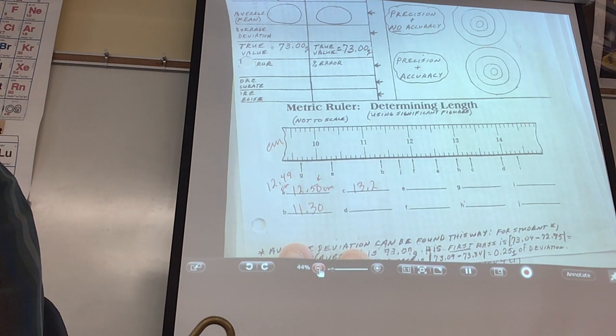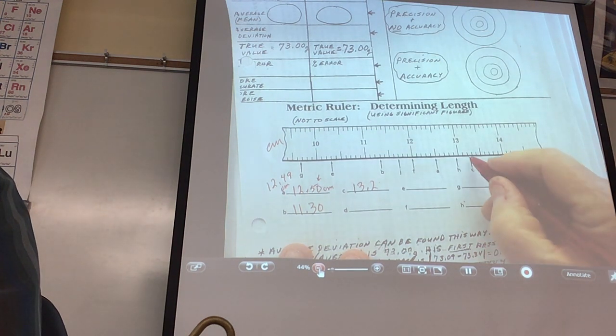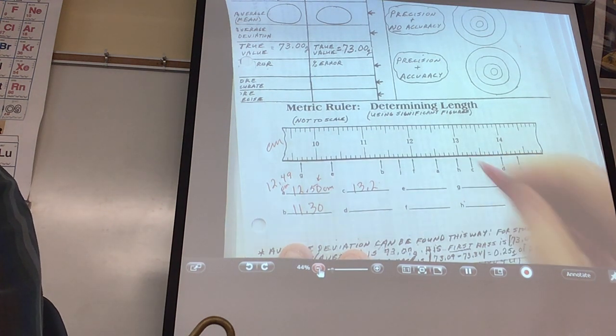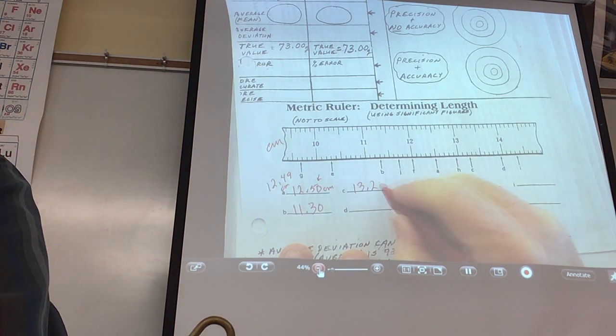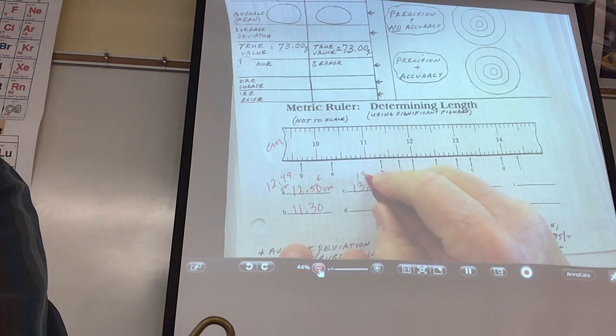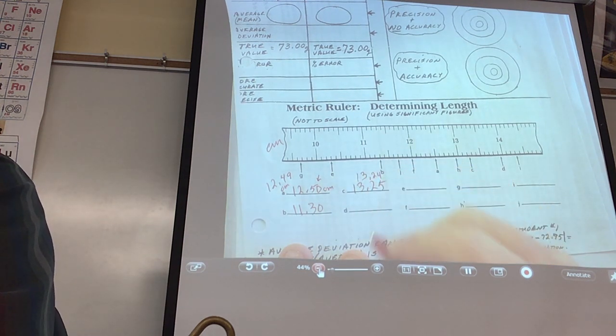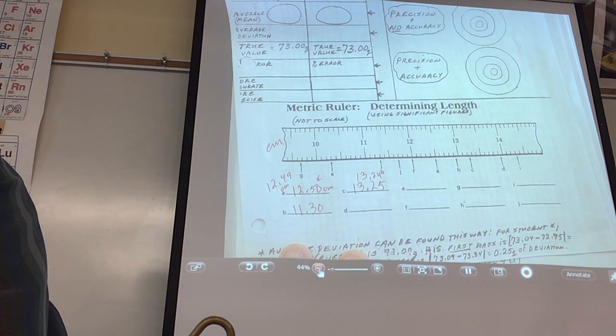So I don't think I'm going to say 13.21. That 13.21 would be really, really close to this line. So let me try that again. I don't think that's close enough for me. I don't think it's halfway. What do you think? 13.25. All right, so if you think it's halfway, I'm okay with that. Did anybody think it was 13.24? I like that one too. I would have taken both of those. You get that? I would not have taken 13.1. I think that's too close.